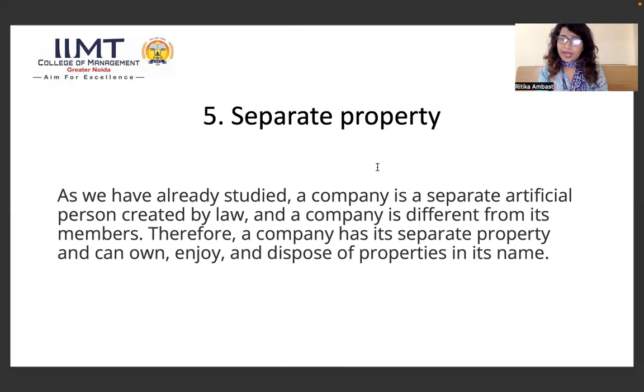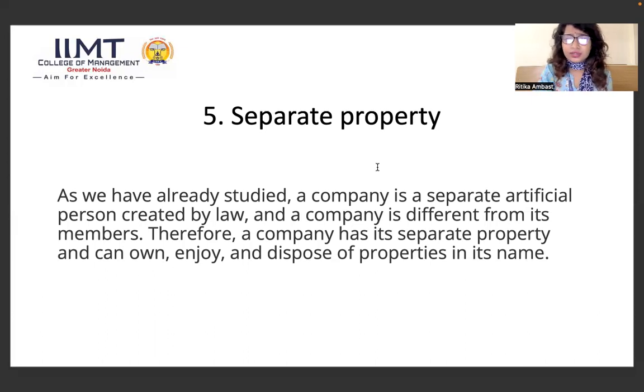So the company can sue, can buy property in its own name, and can also own, enjoy, or dispose of property in its name. If the company ABC Limited purchases a property, or land and building, then the company can own or dispose of it in the name of ABC Limited.